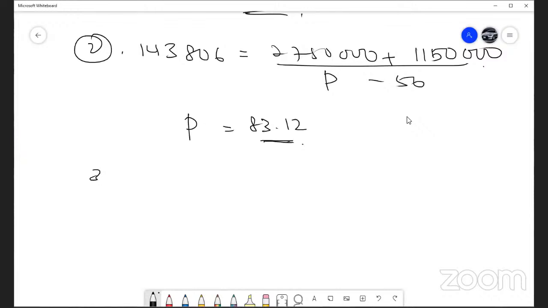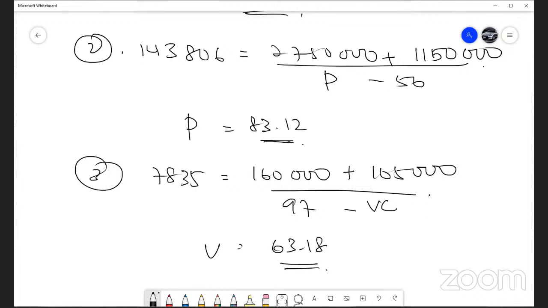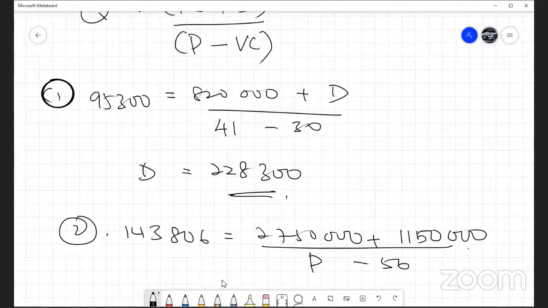The last one, they give you 7,835, fixed cost 160,000, depreciation 105,000, price is $97, and VC we don't know. In the end your VC is 63.18. This one is actually very easy, just do simple maths. No rocket science. Just use the formula I gave you.